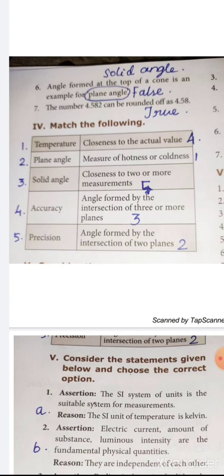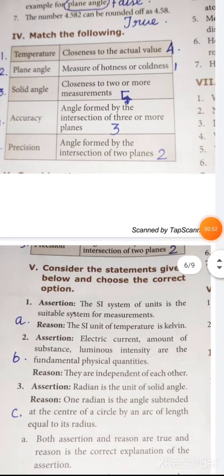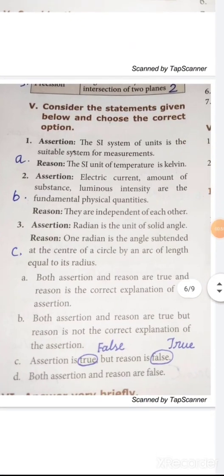Then the fifth Roman: consider the statement given below and choose the correct option. First one, assertion: the SI system of units is the suitable system for measurement. Reason: the SI unit of temperature is Kelvin.